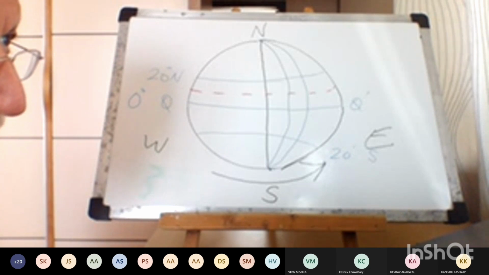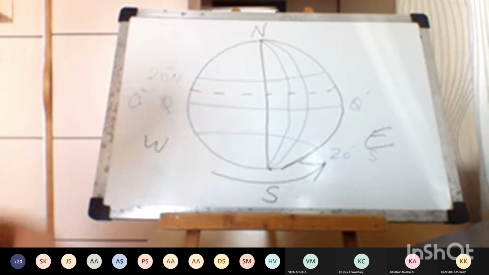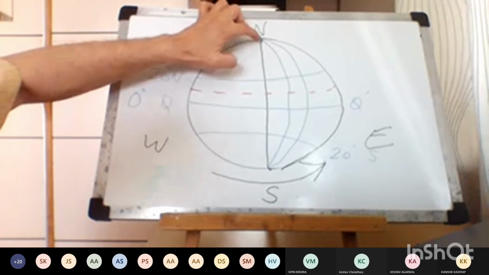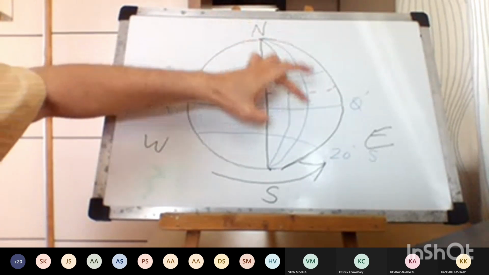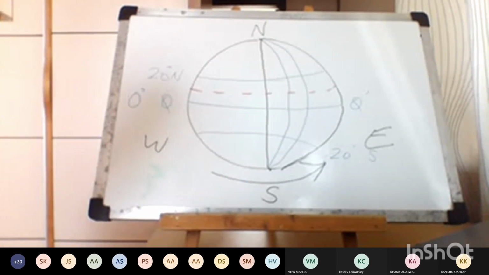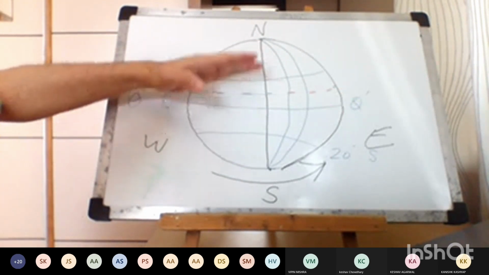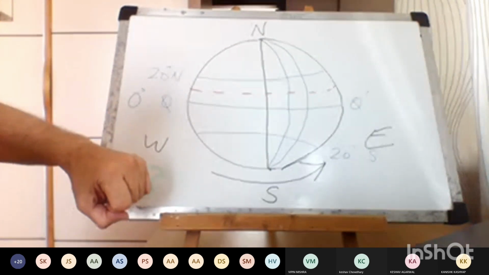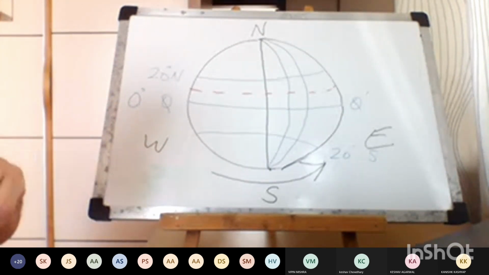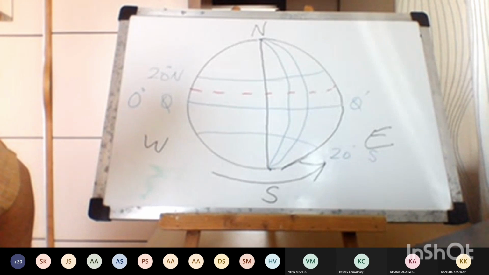Because the plane of it will pass through the center of the Earth. How is it possible that I have drawn two great circles from the same point, north and south, whereas in the case of the equator, I said only one great circle and these are small circles? Any idea?